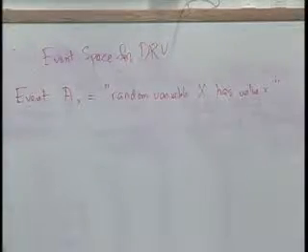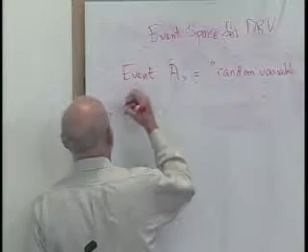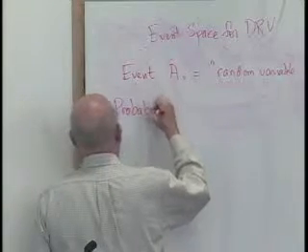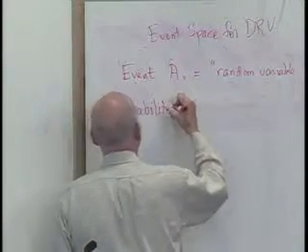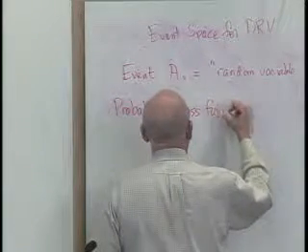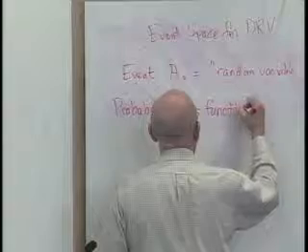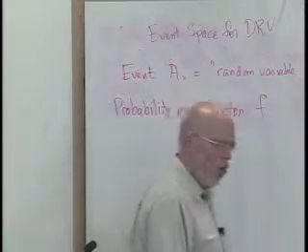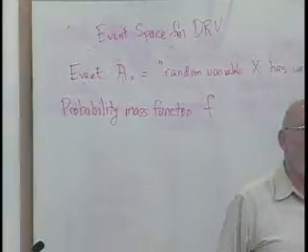This terminology is consistent with what we've done before, but it's not entirely standard. What's usually done is to introduce something called the probability mass function. This is always denoted by a lowercase letter.